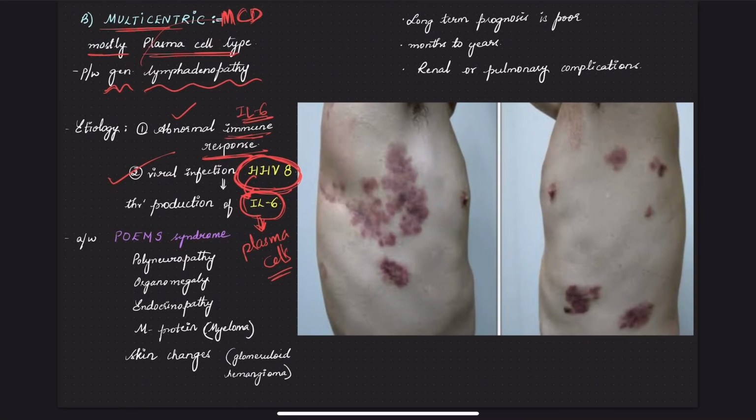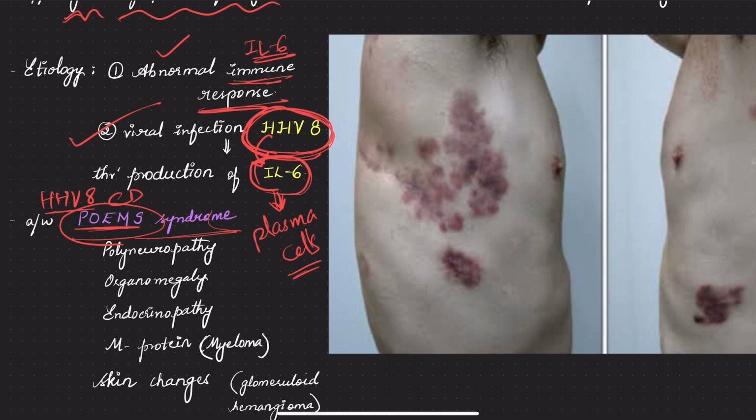Also, this multicentric plasma cell variant is associated with Kaposi sarcoma, the HHV8 associated Castleman disease, and POEMS syndrome. What is this POEMS syndrome? The patient has multiple entities like polyneuropathy, organomegaly, mostly liver and spleen, like hepatomegaly, splenomegaly, endocrinopathies, all these hormonal disturbances, M proteins, that is multiple myeloma, and skin changes.